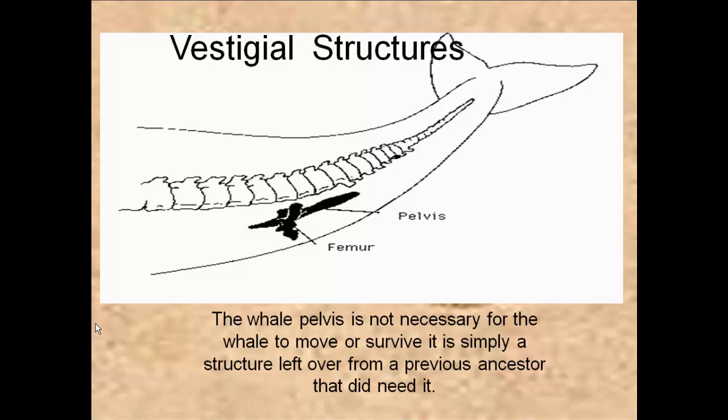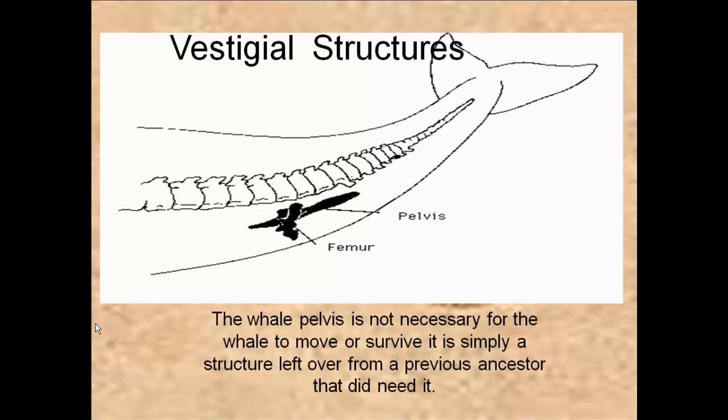A very common example is the whale pelvis and the whale femur. If you are able to look at whales and dissect whales, guess what, guys? They have a pelvis and they have rudimentary femurs, which says what about their evolution? Yeah, they once walked.